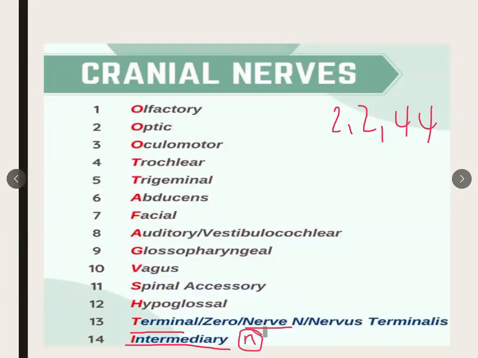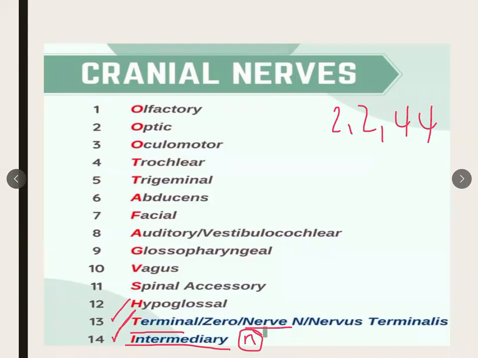Now, strictly speaking, the definition of a cranial nerve is a nerve that exits the brain independently. However, unfortunately, cranial nerve number 13 and cranial nerve number 14 are still under investigation. They are still studying it.